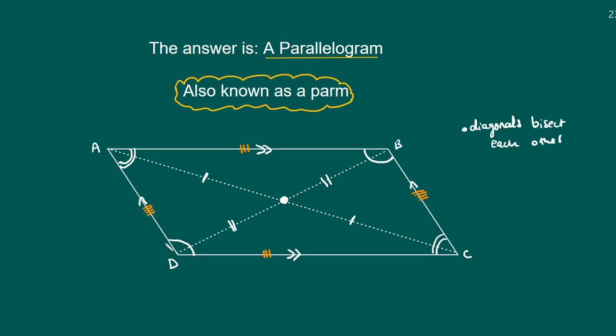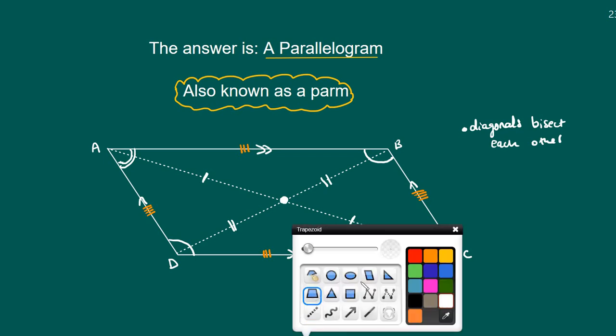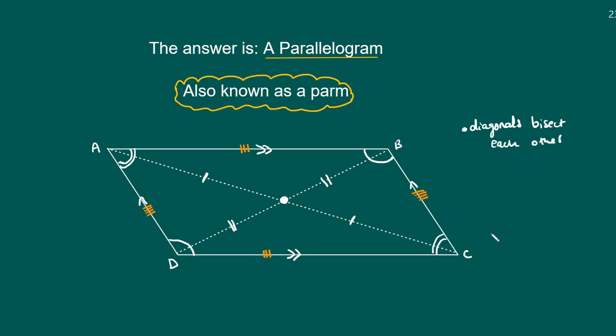Which means here, if one of the angles suddenly becomes 90 degrees, how can this angle become 90 degrees? You would have to squash this thing. I think when I was going through the shapes there was this nice tool. Let me check this parallelogram. Here's a parallelogram.